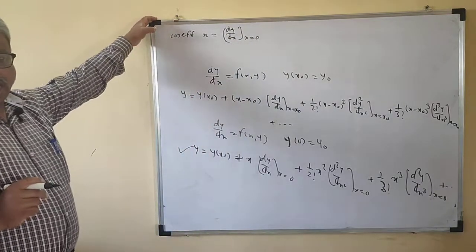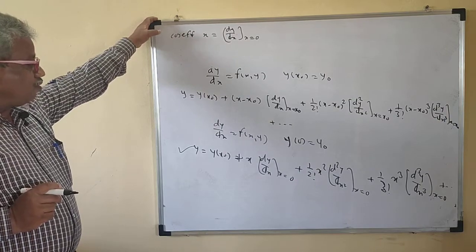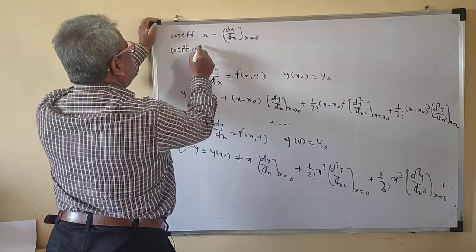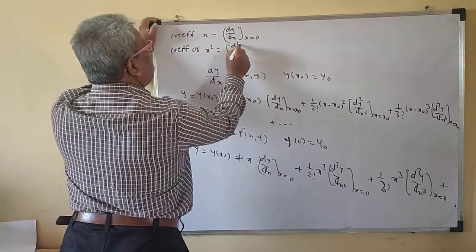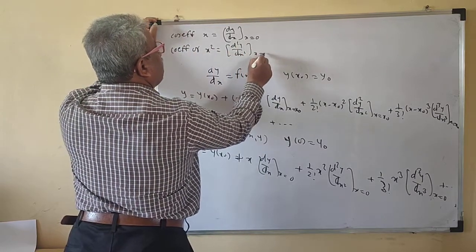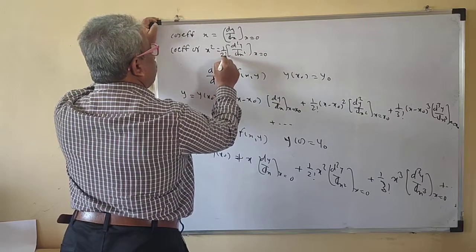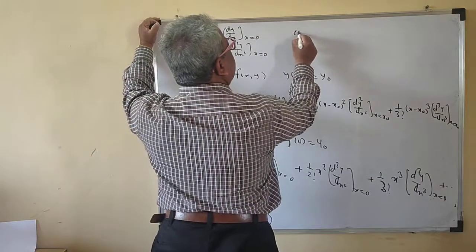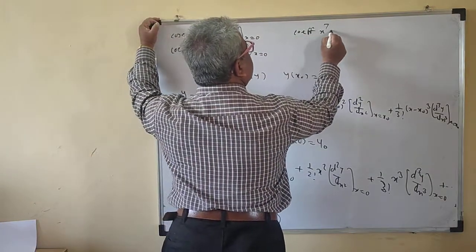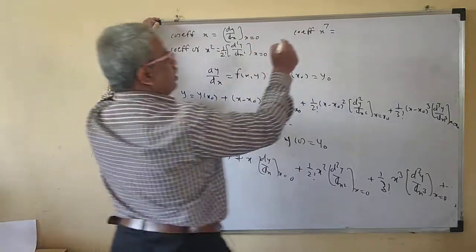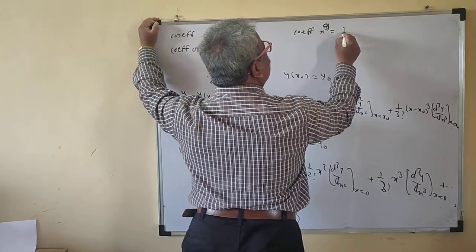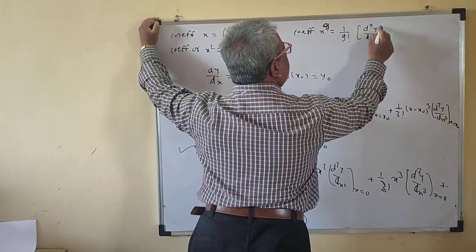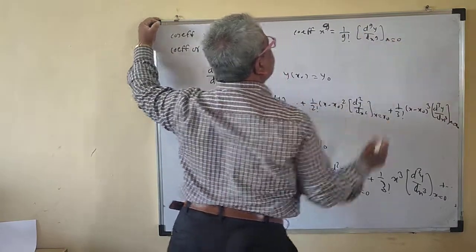Now the coefficient of x square is 1 upon 2 factorial d2y by dx square at x is equal to 0. Suppose the coefficient of x to the power 9: this is 1 upon 9 factorial d9y, the ninth derivative, at x is equal to 0.